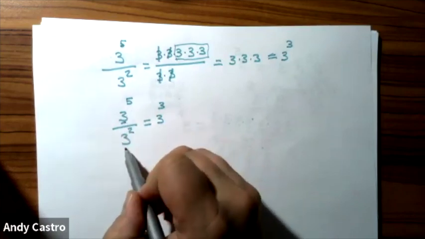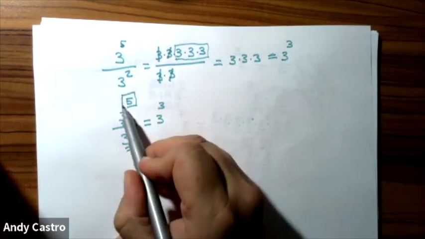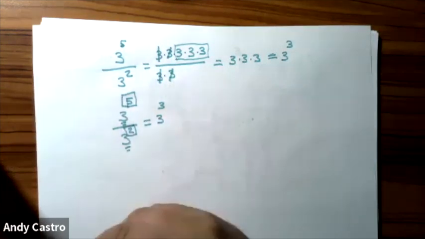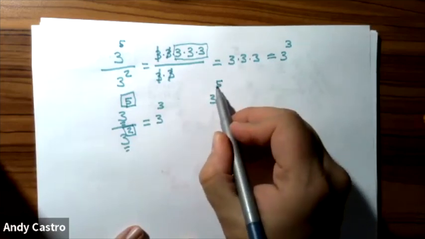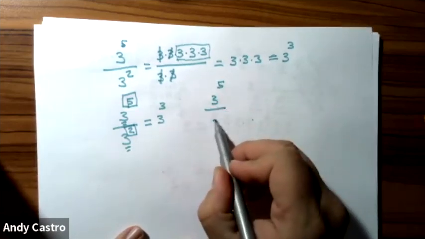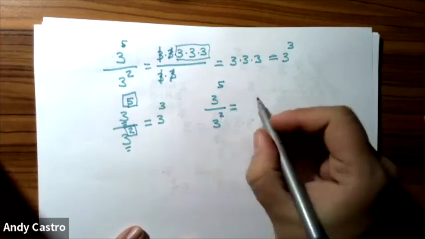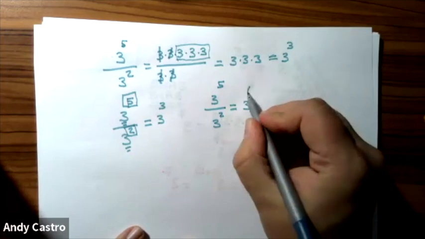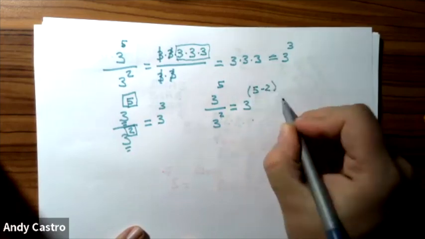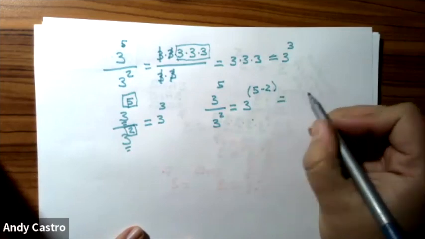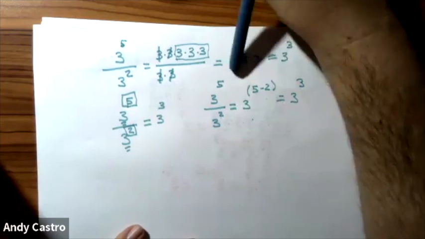If these share the same base, I can subtract the exponents. 3 to the 5th power divided by 3 to the 2nd power is equal to 3 to the 5 minus 2, which is 3 to the 3rd power.